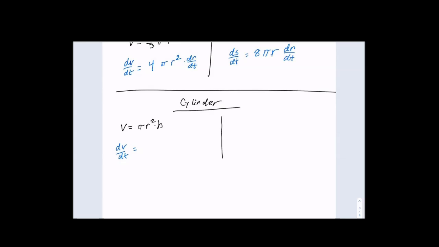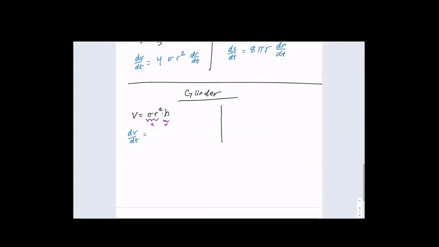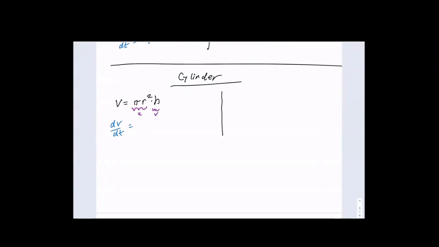Is it a product rule? This is a product rule. So this problem is a product rule. We'll write it out and we'll clean it up at the second piece right there.